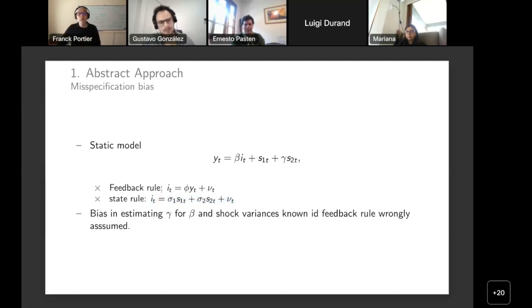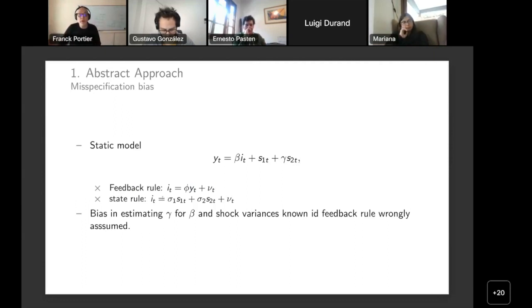Of course, if I assume that the feedback rule maps a linear space of dimension 1, which is y, into the instrument, then I'm restricting the response to the two shocks to a fixed proportion, whereas in reality I could be reacting differently to the two shocks.